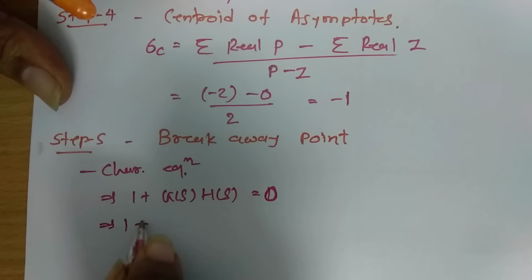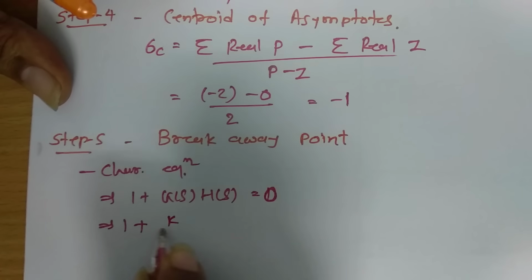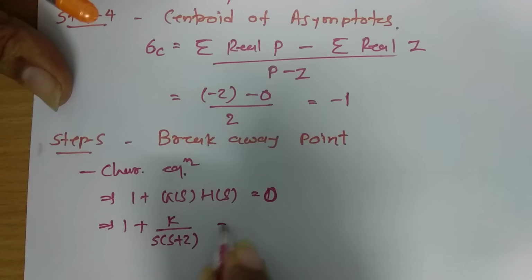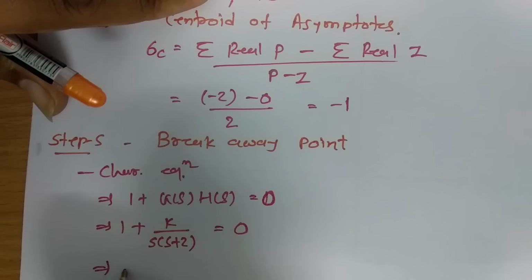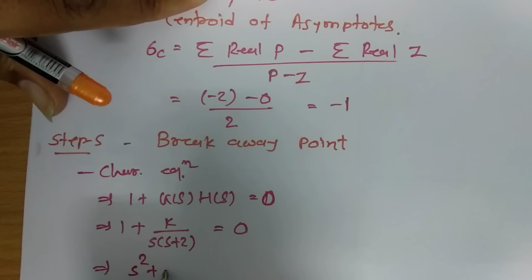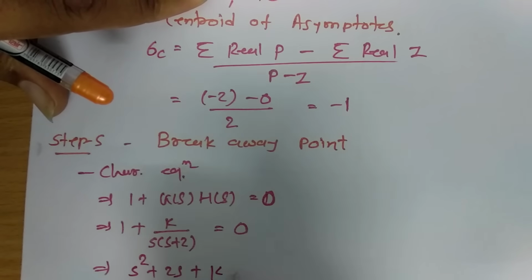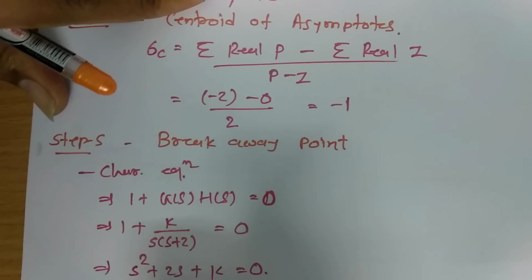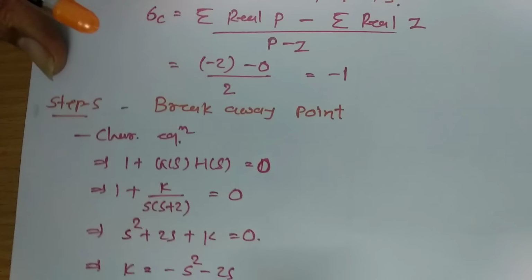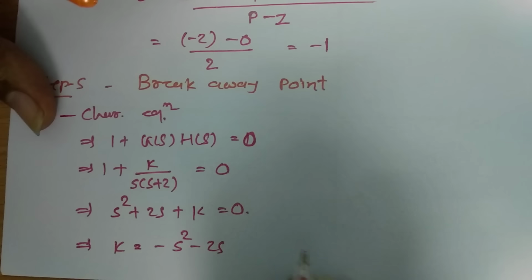Now G(s) in this case is K divided by s into (s plus 2), and H(s) is 1. Based on this, the characteristic equation is s squared plus 2s plus K equals 0. So now I will calculate K equals minus s squared minus 2s.